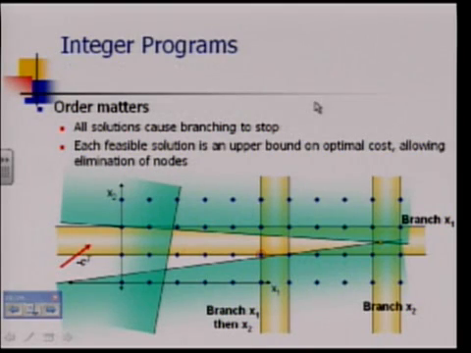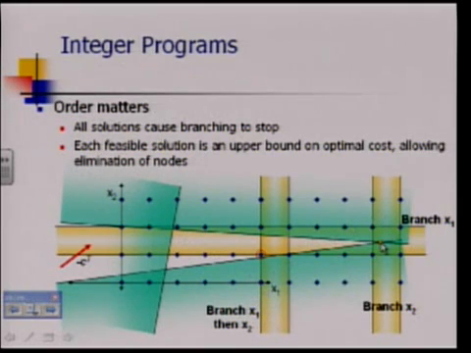Okay? And this is just a simple illustration that the order does matter in terms of performance when you do branch and bound. You can think about all solutions causing branches to stop. Each feasible solution is just an upper bound on the optimal cost, so that may allow you to eliminate certain nodes. And if you look at this extreme case, this is the linear program solution.